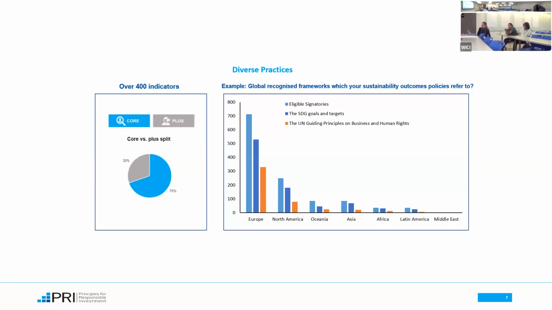And this is the moment where I'll just pause for a second and clarify. I wish I had a better slide to convey this, but PRI's reporting framework across these topics and these specific questions that you see here, there will be a lot of qualitative information, a lot of narrative.